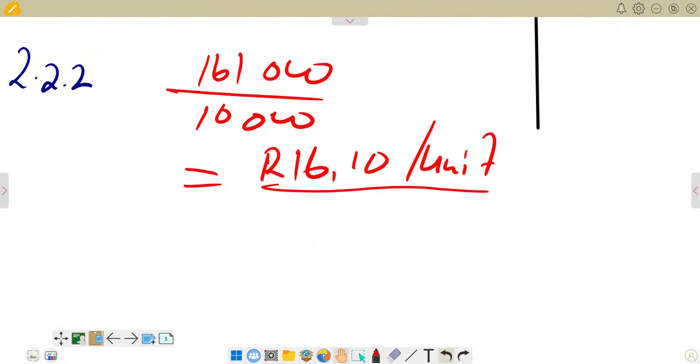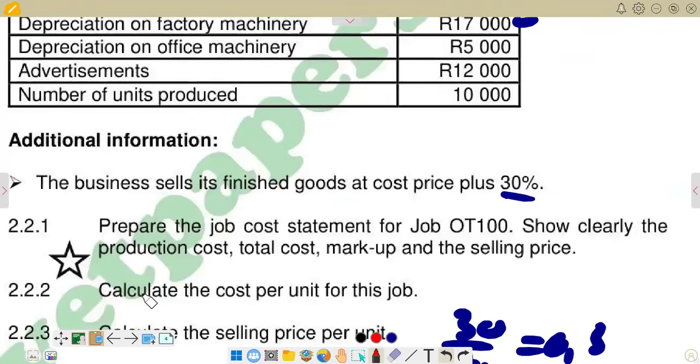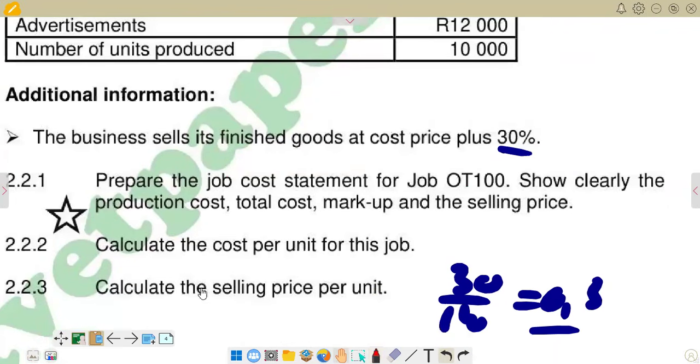So we are now on 2.2.3. We can go back to check what we have in 2.2.3. It reads: calculate the selling price per unit. We have the total selling price that we calculated there.